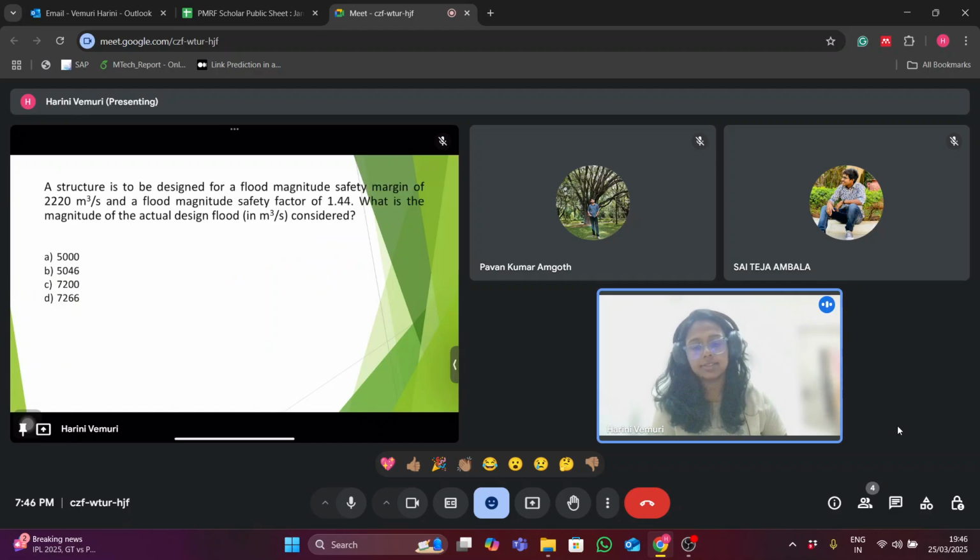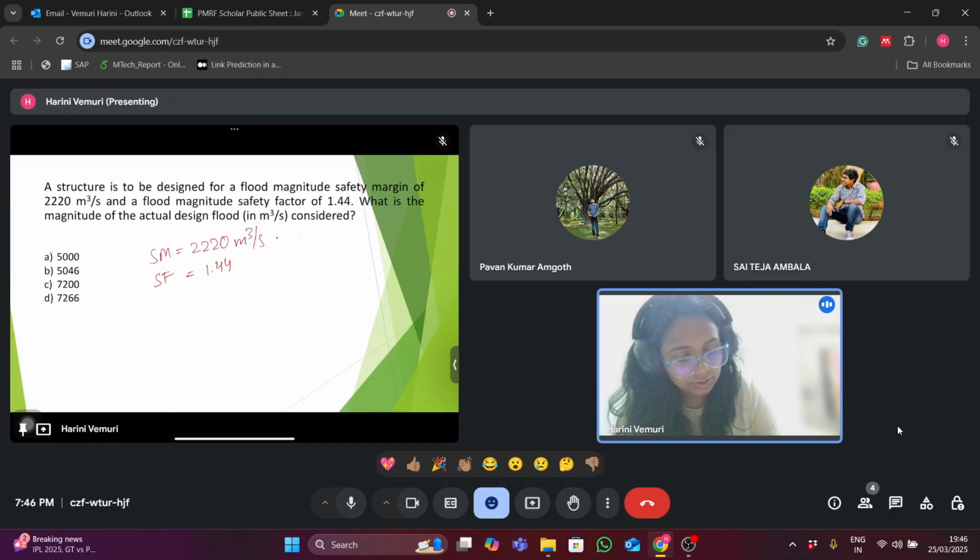So the next question, a structure is to be designed for a flood magnitude safety margin, SM equal to 2220 meter cube per second, and a flood magnitude safety factor equal to 1.44. So they are asking us to calculate the actual design flood. So flood margin is given as F actual minus F hydrological, and safety factor is F actual by F hydraulic.